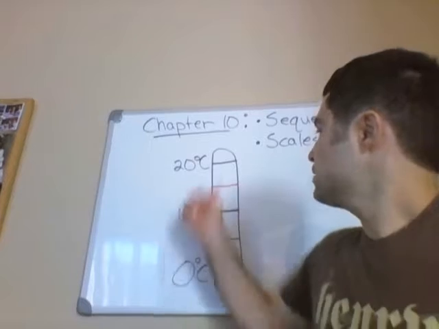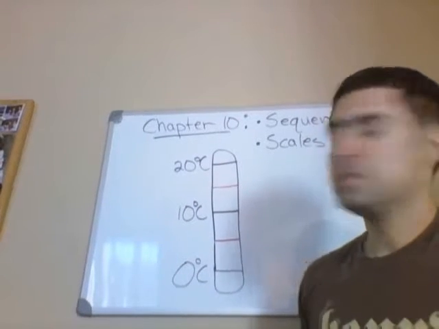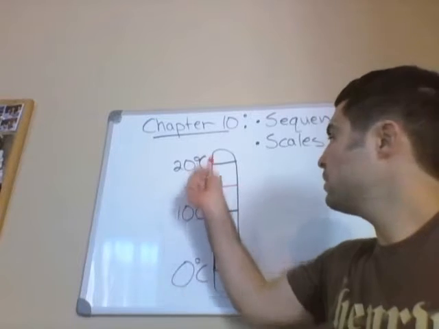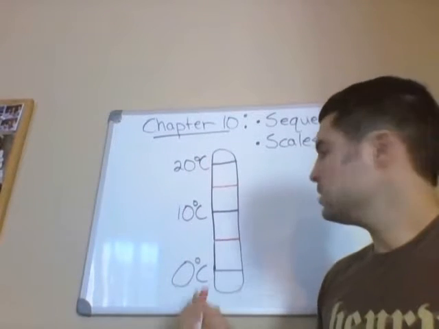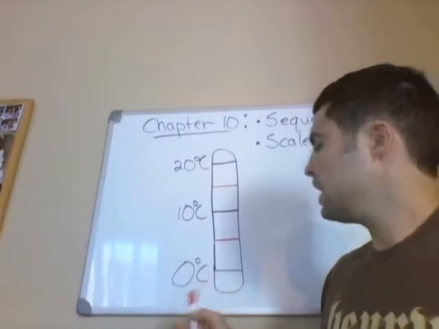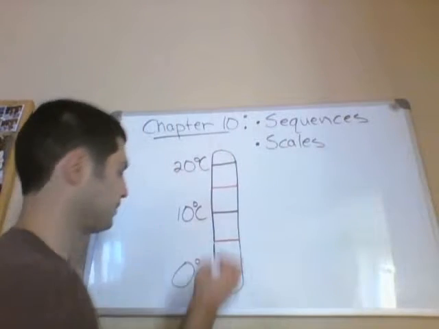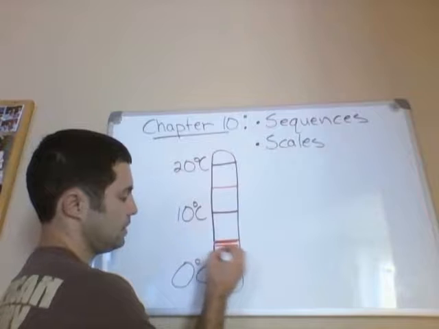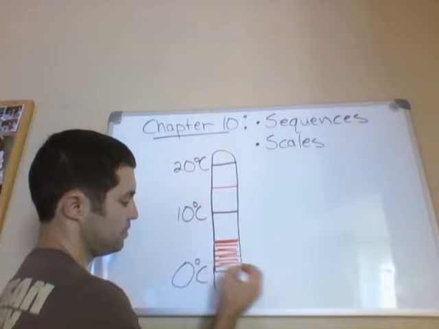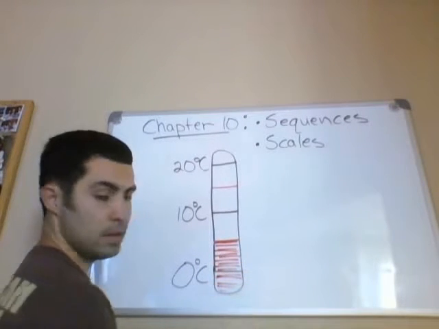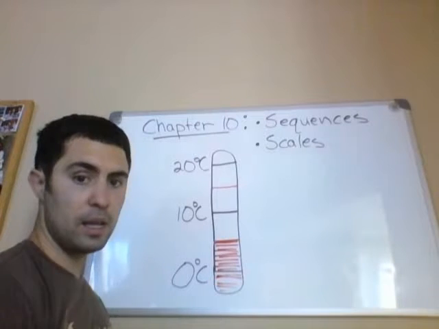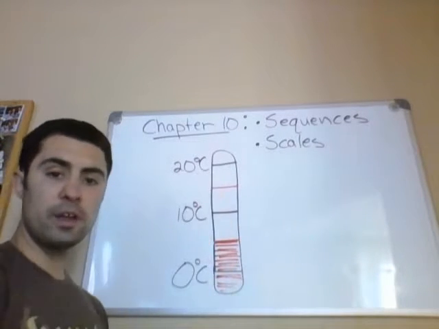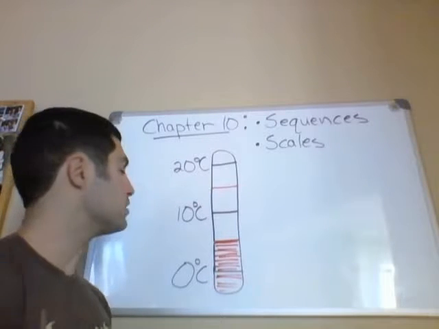Okay, so let's talk about this thermometer here. It's in degrees Celsius, so 0 degrees Celsius, that's freezing. And as we go up, it's getting warmer. Sometimes, if you were to look at a thermometer and it filled up to there, there's not always a number where the mercury rises to.